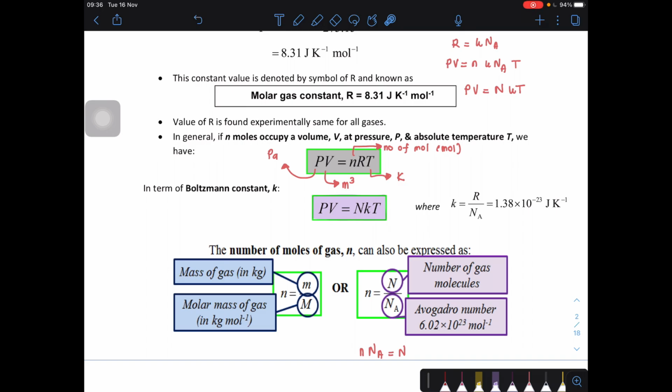It's the same thing actually, just the same thing. Okay, we either use this one or this one. It depends on the information that we are given.